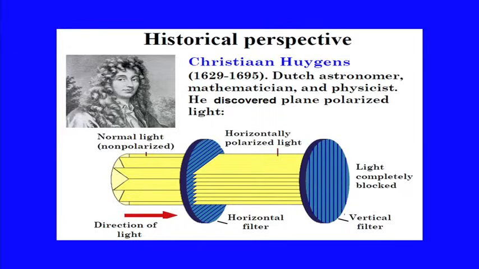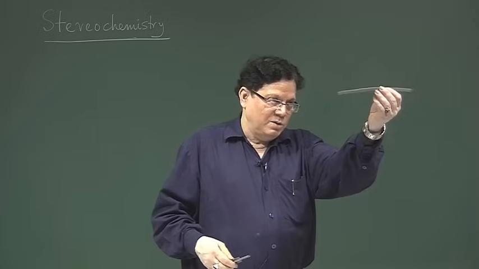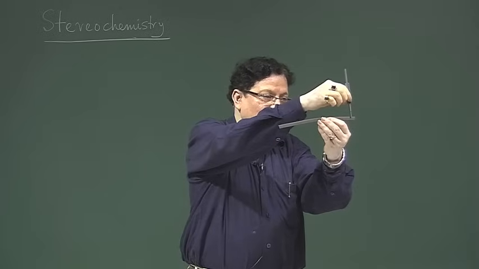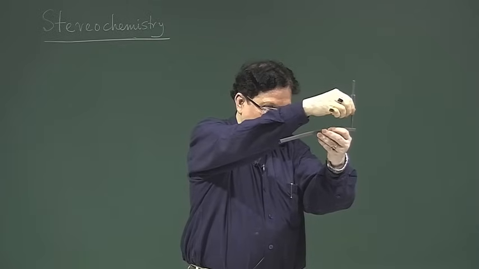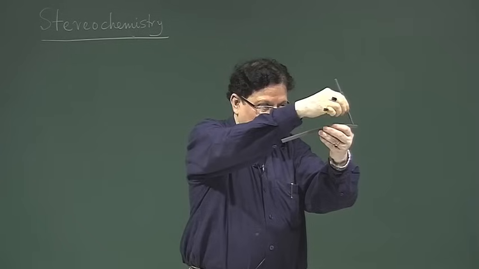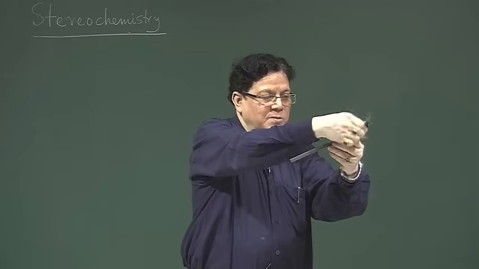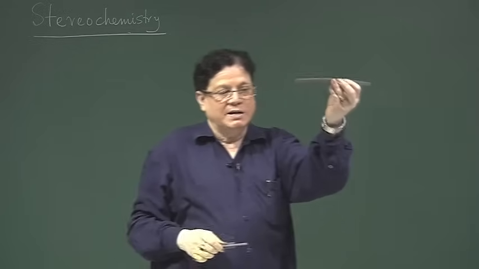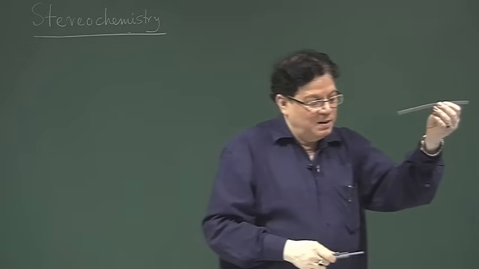That means, if this is the light passing from here to there, then the wave is taking place in every possible plane, in every possible direction. So, basically it encompasses the whole 360 degrees around this axis of migration of the light. That is the normal light.